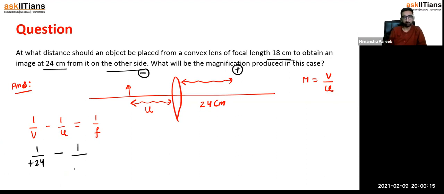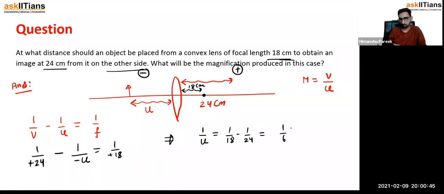Minus, what about u? So u is negative in this case, so let me take it as minus u, equal to 1 by f. So focal length would be positive because focus is on this side. Focal length is positive for a convex lens, 18 centimeter. Now what else? Nothing, just solve the equation and get the answer. 1 by u is equal to 1 by 18 minus 1 by 24.